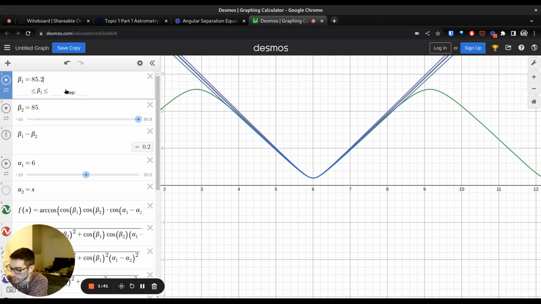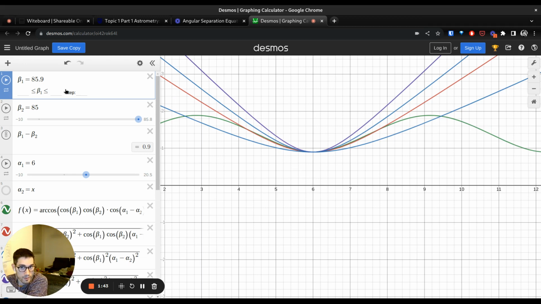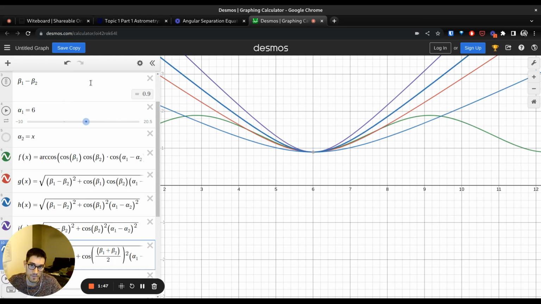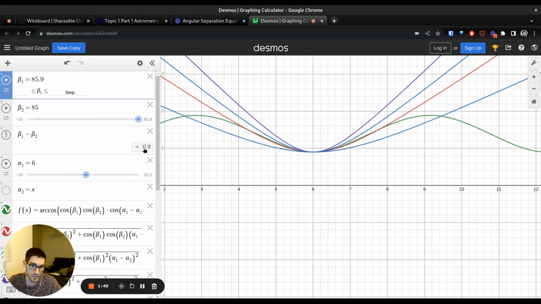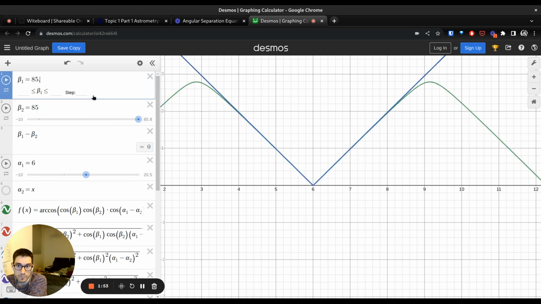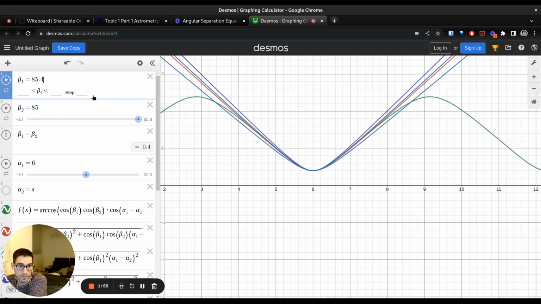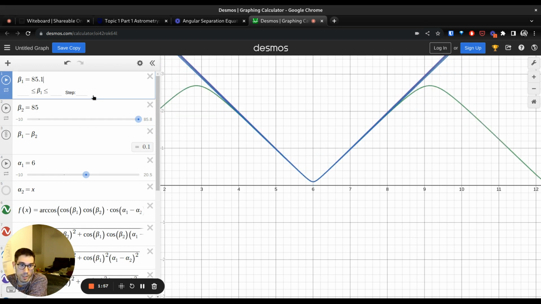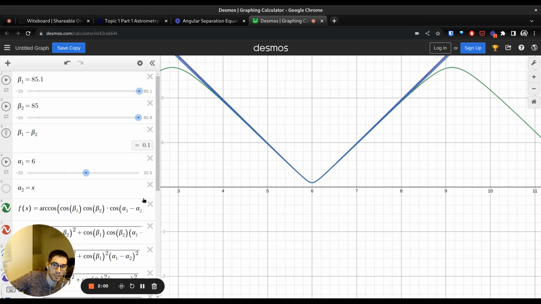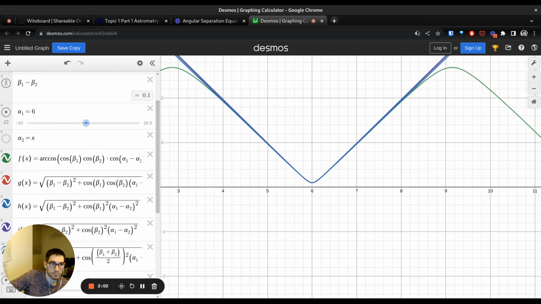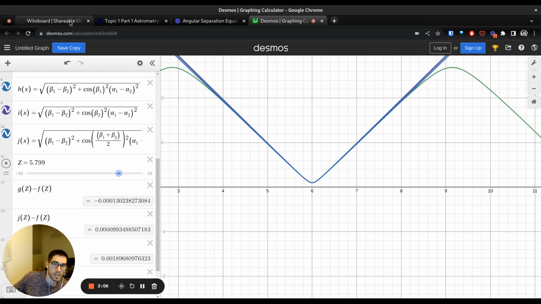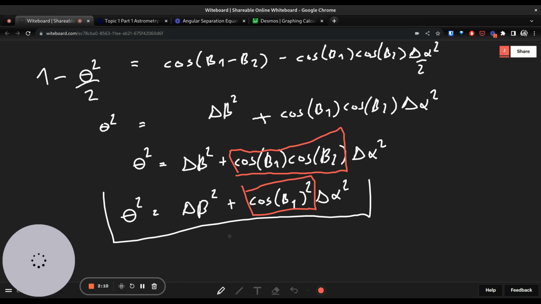If we increase it to like 0.9, it's less accurate, always accurate around the center, but here the difference is almost 1, while if we keep decreasing 5, 4, 3, 2, 1 it is extremely, extremely accurate. So yeah, it's an easy way of simplifying the formula and making it very easy to remember.